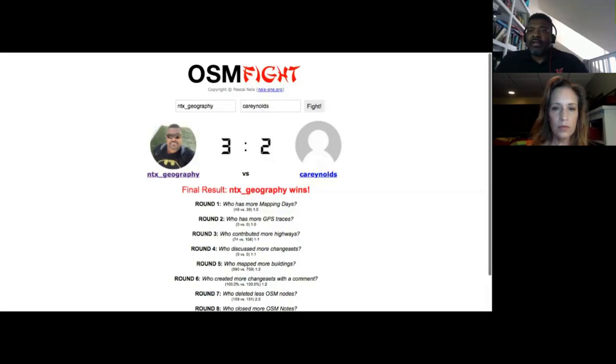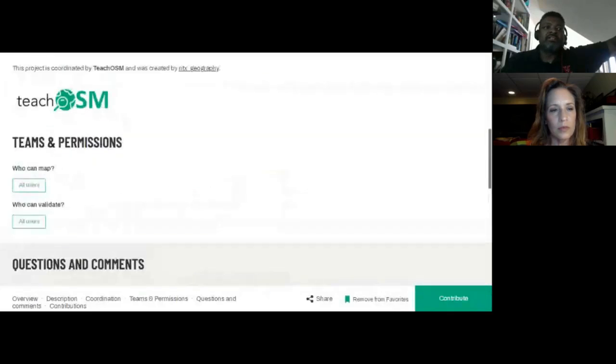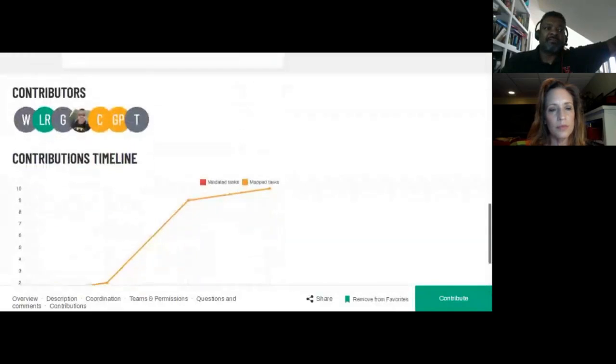And if I could share another screen here, another way I can use to check, particularly on my own projects. Let me stop sharing that and then share this other tab. There it is. This is a project I created within Teach OSM in Western Maryland. I used it with the Maryland Geographic Alliance.